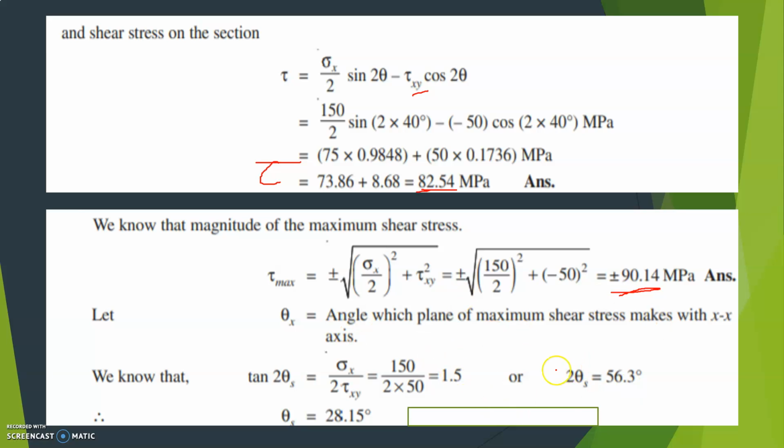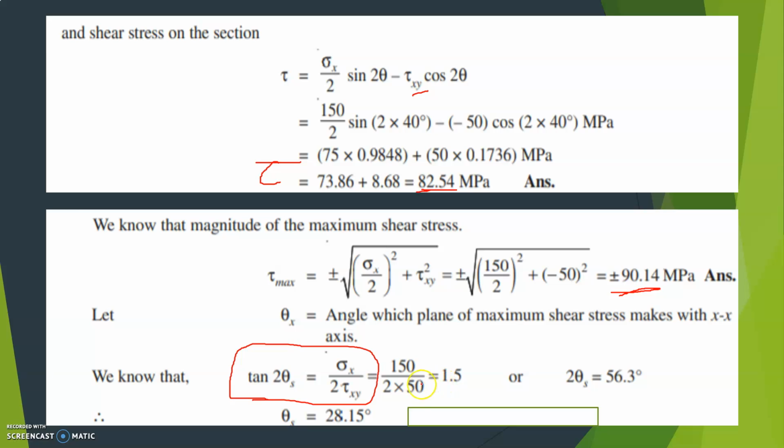Now let us consider theta s, the angle which the plane of maximum shear stress makes with the x axis. We have to write tan 2 theta s is equal to sigma x divided by 2 into tau xy. This formula you remember, it is always the same. Sigma x is 150, so 150 divided by 2 into 50.